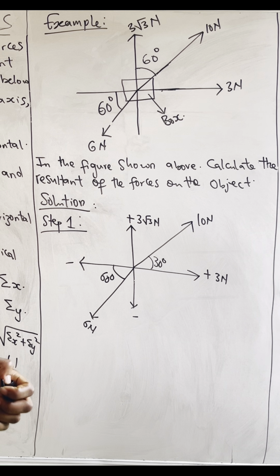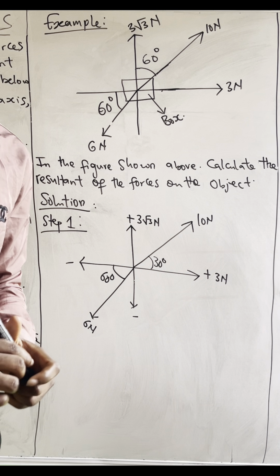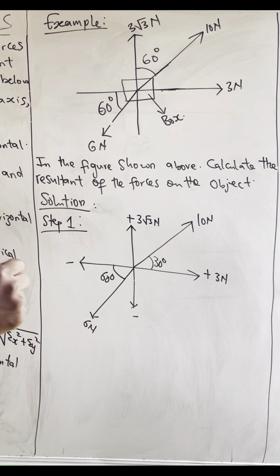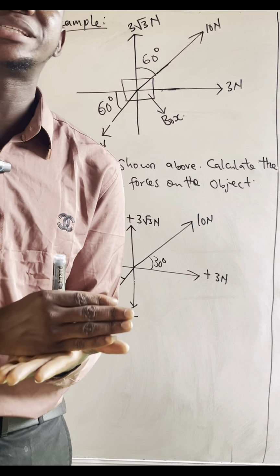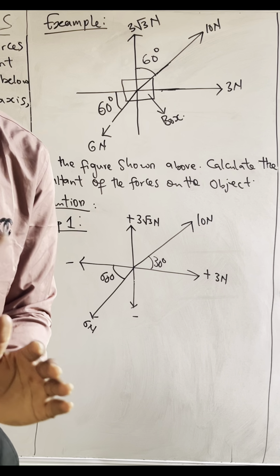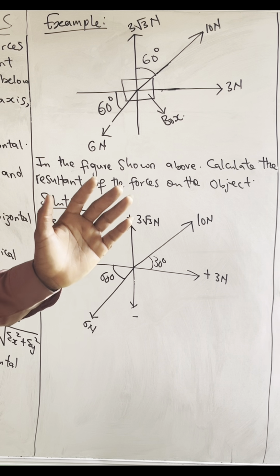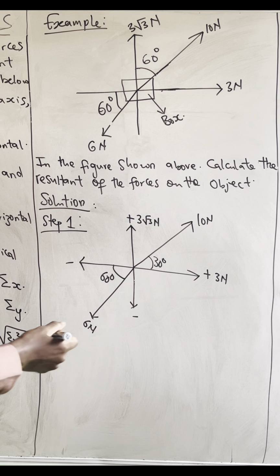Now the next thing we are going to do is resolve all the forces, each force, to the horizontal direction and the vertical direction. How are you going to resolve to the horizontal direction and the vertical direction? Let's do this table, guys.